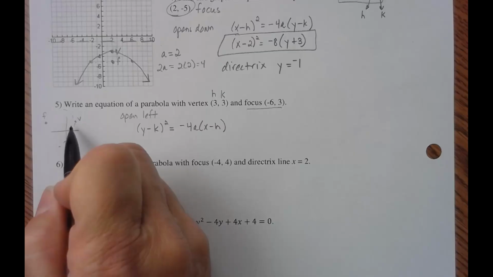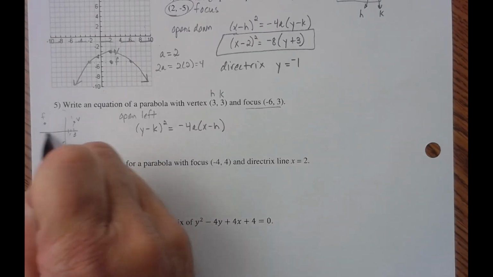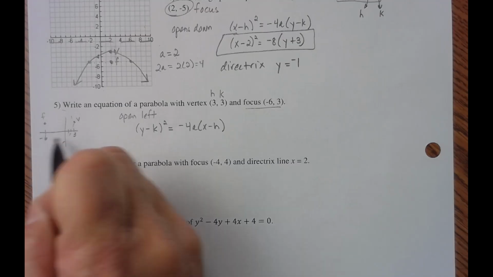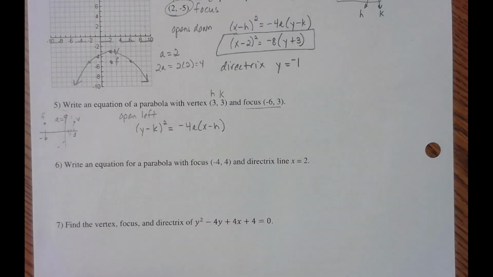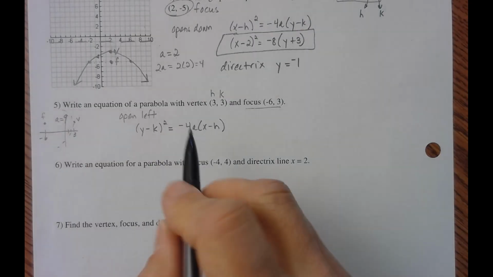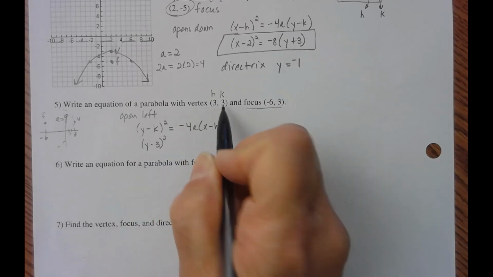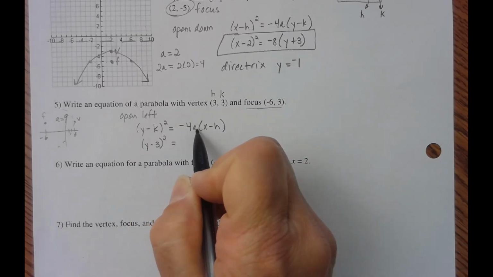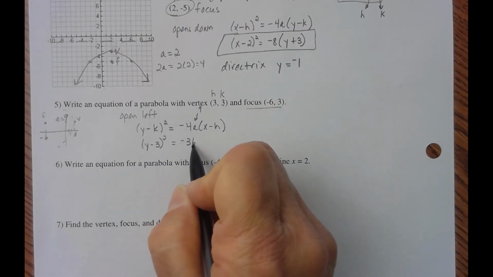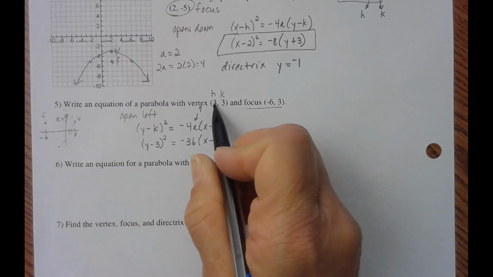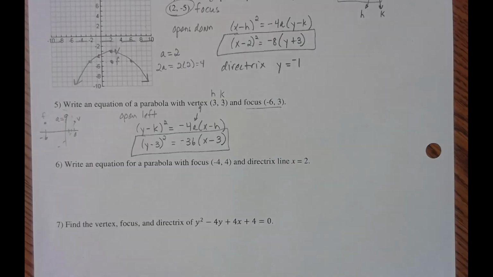I need my a value, so keep in mind we're at 3, and over here at the focus we're at negative 6, so the a value is 9, and now I can put that all into my equation. Y minus 3, because that came from the vertex. Negative 4 times a is 9, negative 4 times 9 is negative 36, and x minus h is 3. Here's the equation for my parabola.